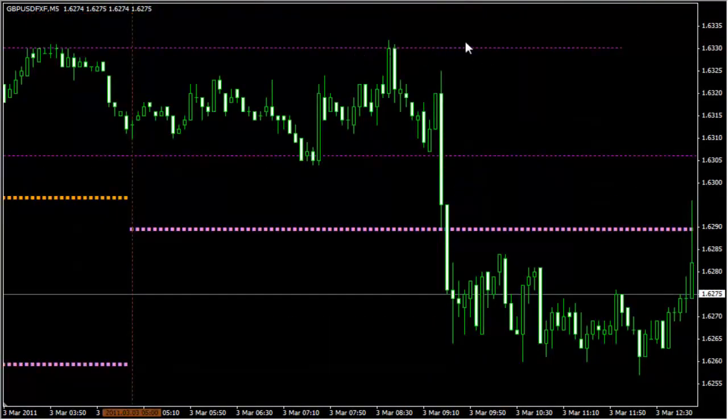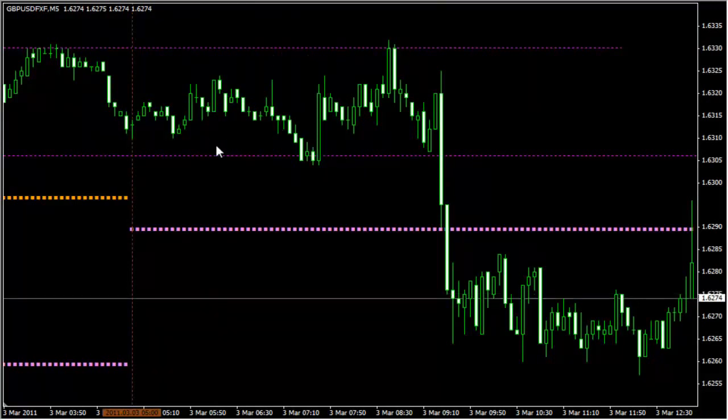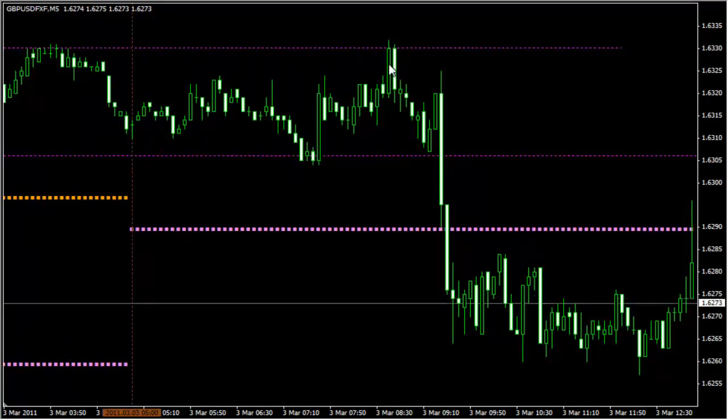Okay, this is that same Asian channel or Asian range, and we have railroad tracks here at the upper end of the Asian range. Price starts to trade back down to the lower end of the Asian channel and starts to bounce up in here.